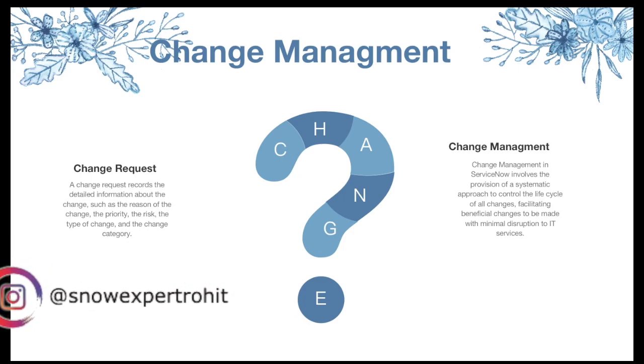That change is a validated record, and it has to go through multiple approval processes. After approval, the actual implementation needs to be done, and then your change needs to be completed.